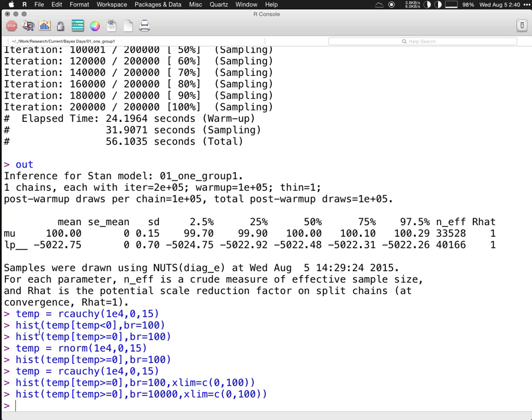In any event, it's a standard distribution to use for talking about variance components or standard deviations.